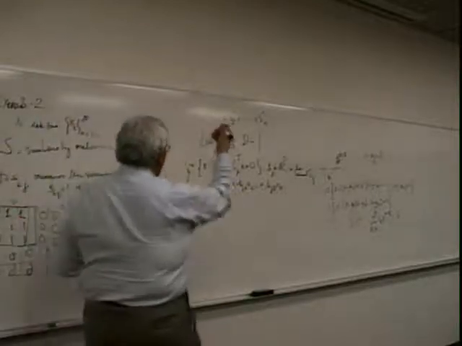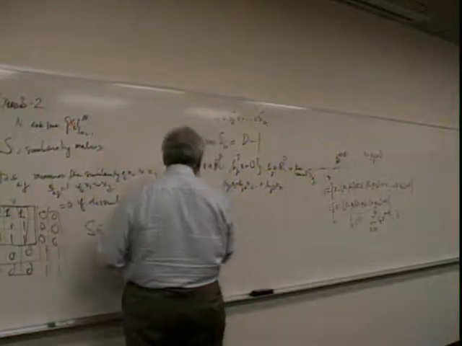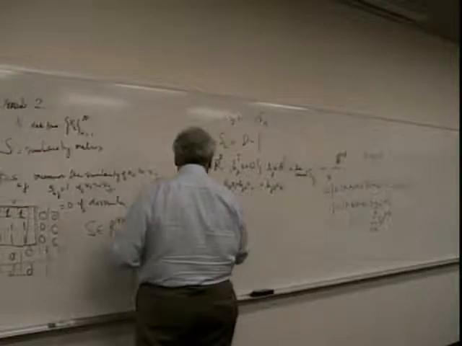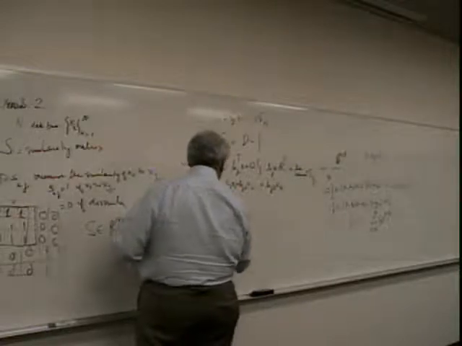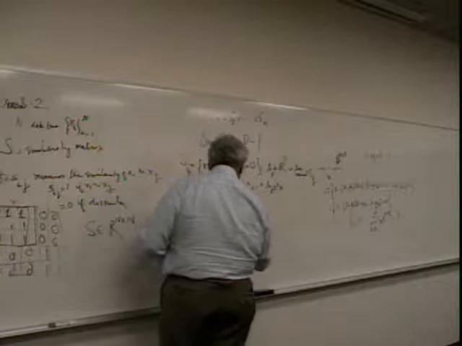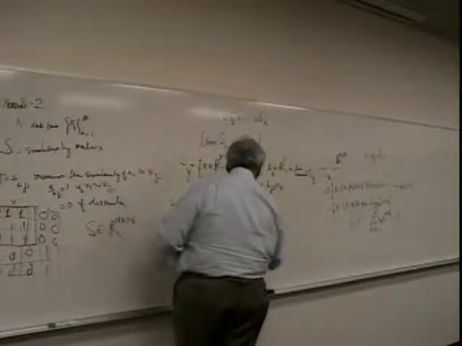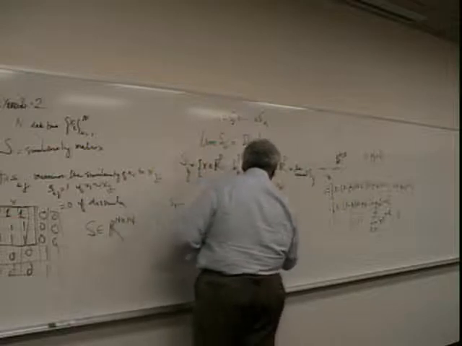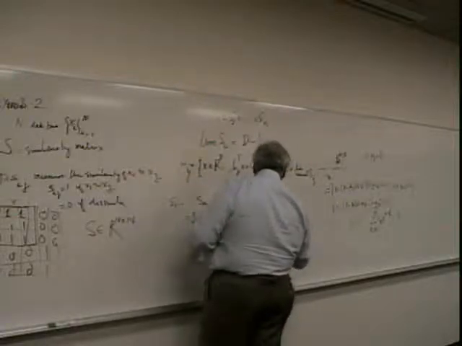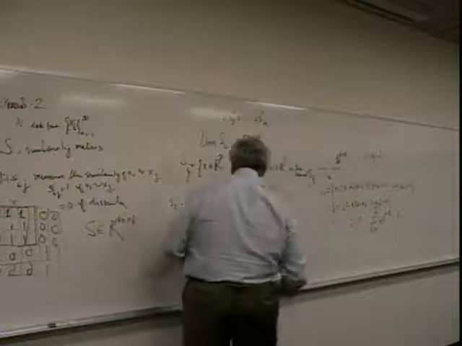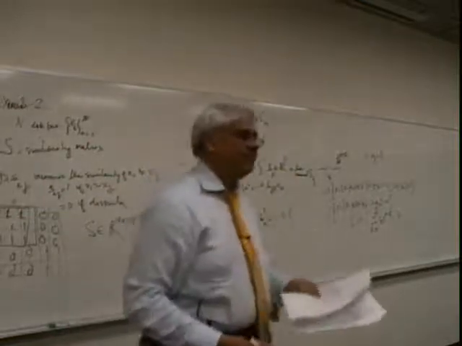Okay, so what about S1 union S2 union Sn? It's the set of all x's where the product of these, B1 transpose x times B2 transpose x times Bn transpose x, the product of these is equal to 0. Right?